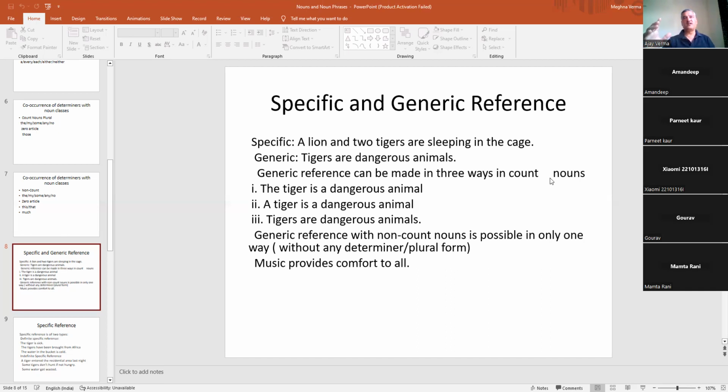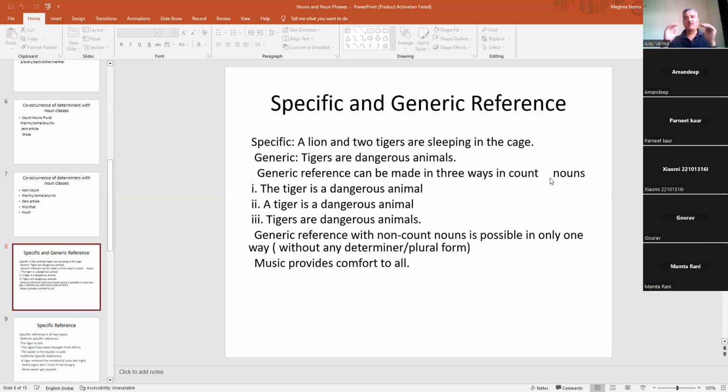The sentence makes it clear that these two countable nouns, lion and tiger, are being used in relation to members of the whole class. In the next sentence, we have: tigers are dangerous animals. Now here, the reference is generic.